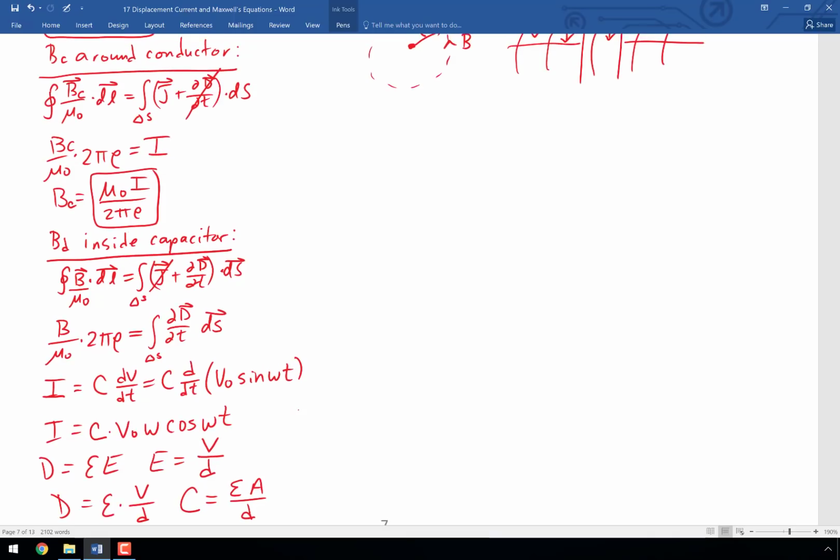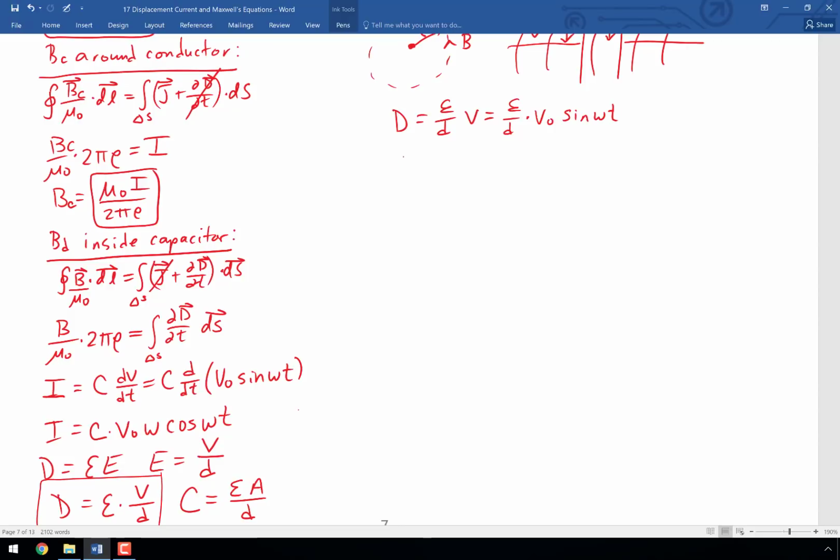Well, let's come back up here to the top, and I'm going to take this equation for D, which is going to be a valuable equation. We're going to say D equals epsilon, well, you know what, I'm going to pull the d out here, so it's epsilon divided by d times V, which is epsilon divided by d times V0 sine omega t.